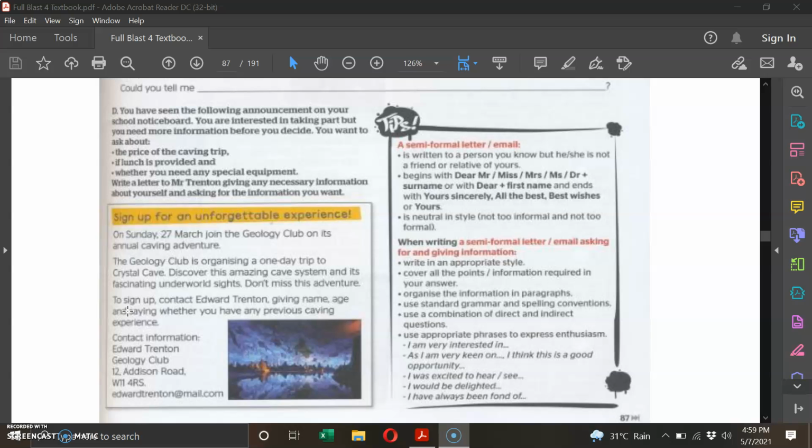So let's take a look at the question here. What are the requirements of the question? What are the items or questions that you need to answer in your writing when you reply to this announcement?